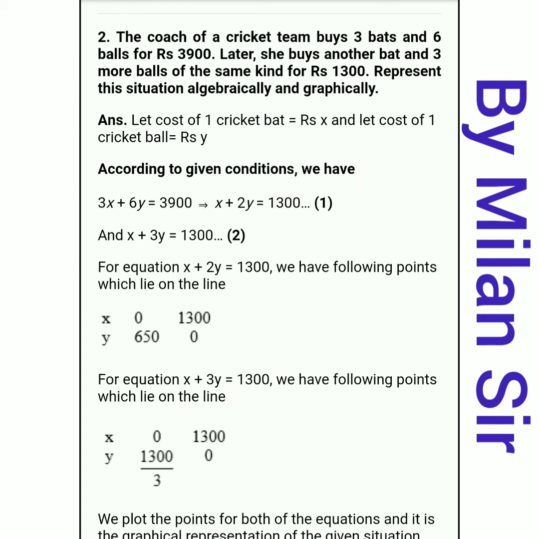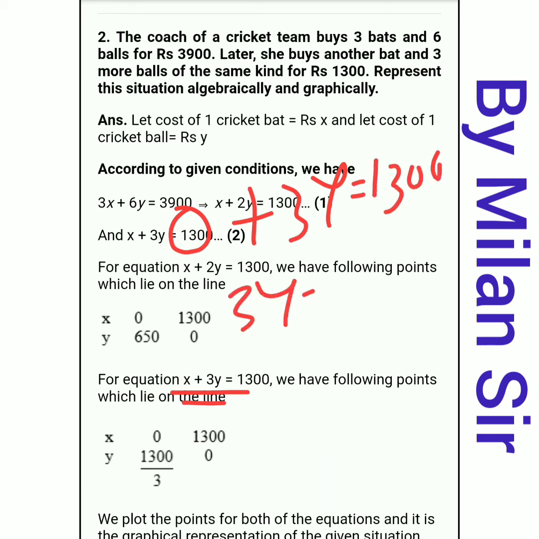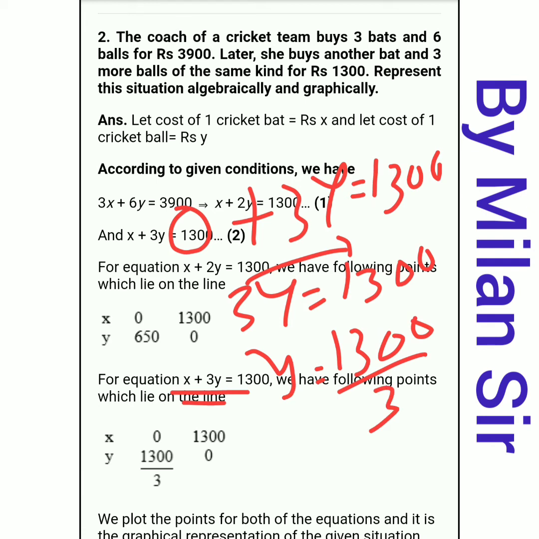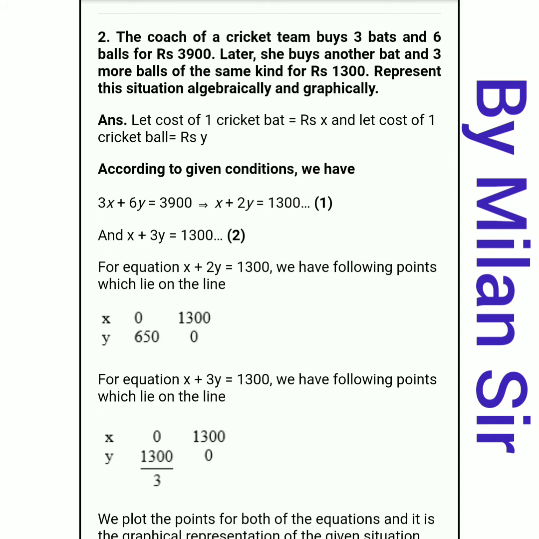Now put x equal to 0. Then 0 plus 3y is equal to 1300. So here 3y is equal to 1300. Now transfer this 3 to the right hand side, so 1300 divided by 3. This is our y. It is 400 something, 433.33. Then put y equal to 0.